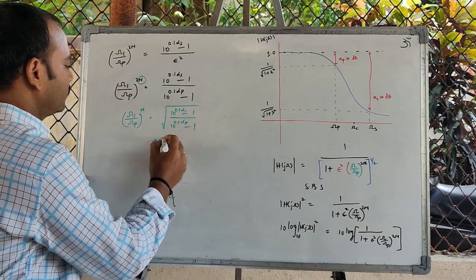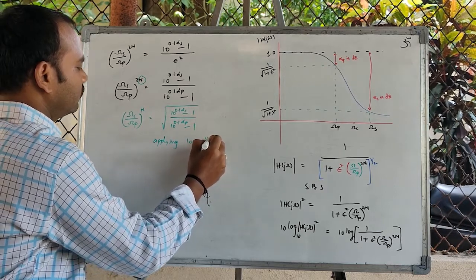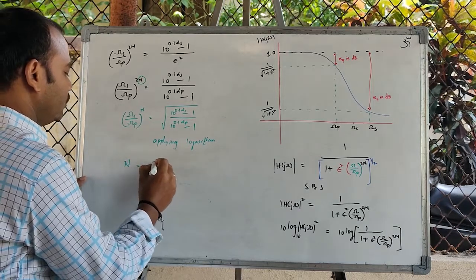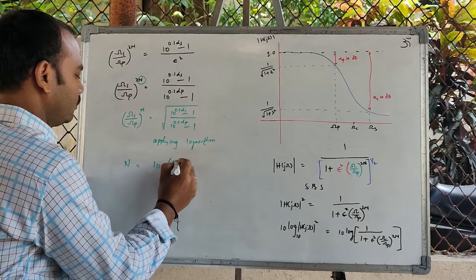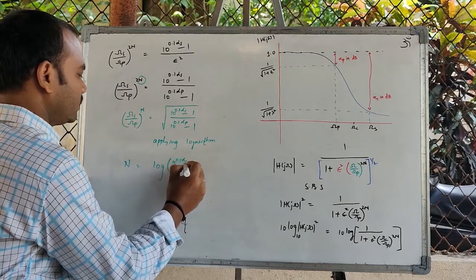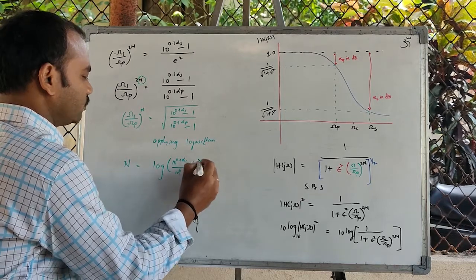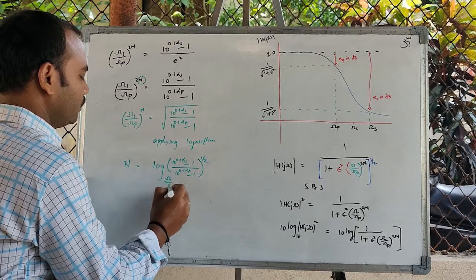Applying logarithm, the order of the filter n is equal to logarithm of ((10 to the power of 0.1 alpha s minus 1) by (10 to the power of 0.1 alpha p minus 1)) to the power of 1 by 2, divided by log of Ω s by Ω p.